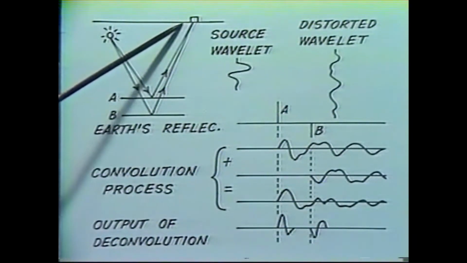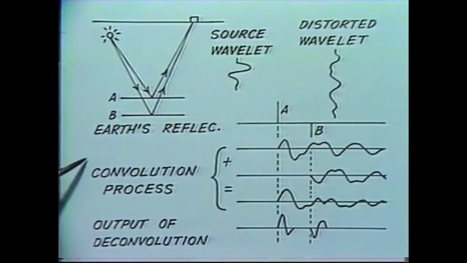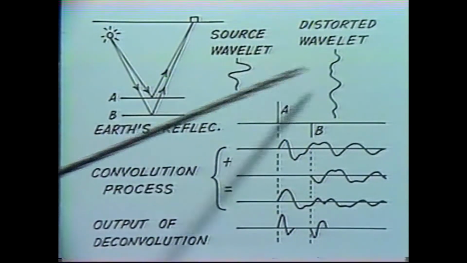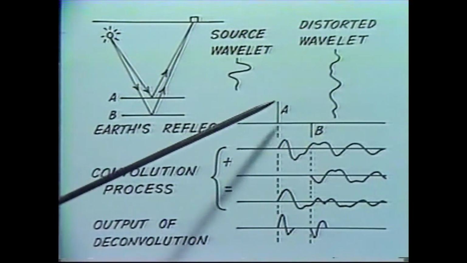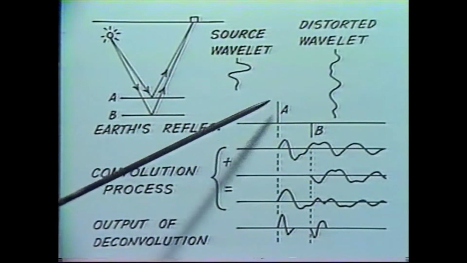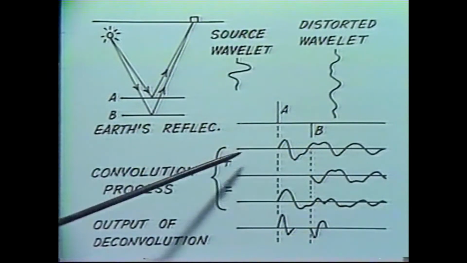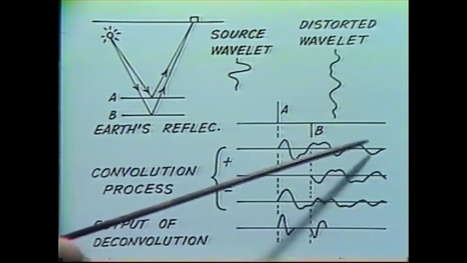The effect of the distorted wavelet on the trace can be seen through the convolution process, where this distorted wavelet is weighted by the magnitude of the reflection coefficient at A and delayed to the reflection time at A, as sketched on this trace here.